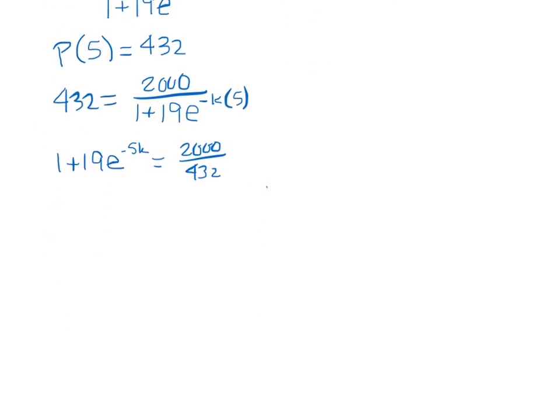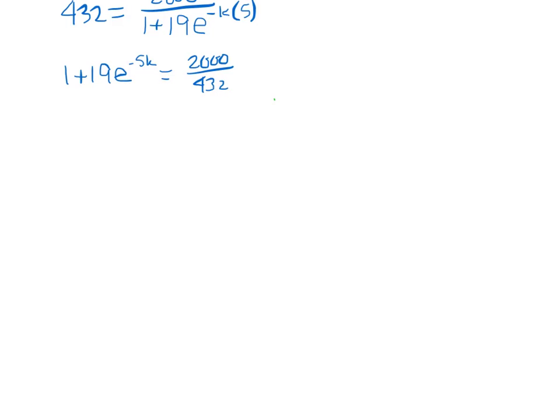To solve for k now, I'm going to have to subtract 1 and divide by 19 to get e by itself. So I have e to the negative 5k equals 2,000 divided by 432 minus 1, and that quantity divided by 19. I guess we'll do that in the next step.